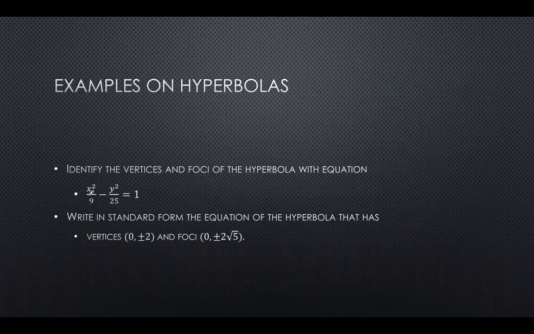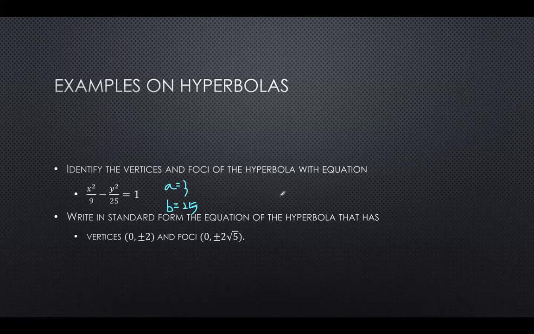In here, we have x squared divided by 9 minus y squared divided by 25. So in this case, a is 3 and b is 5. So in this case, x squared minus y squared: the x squared has a positive coefficient.